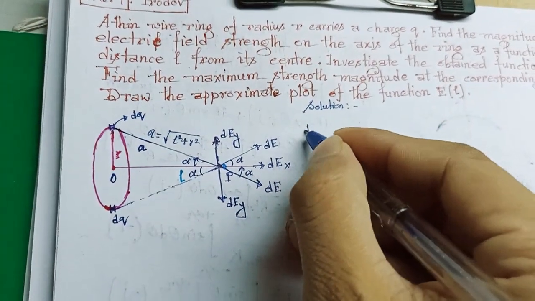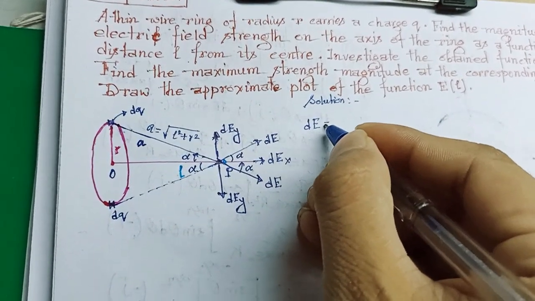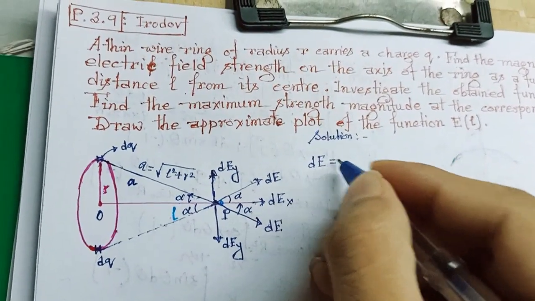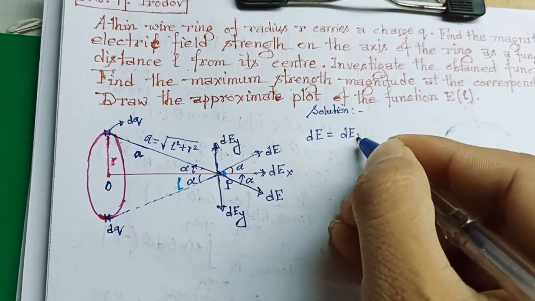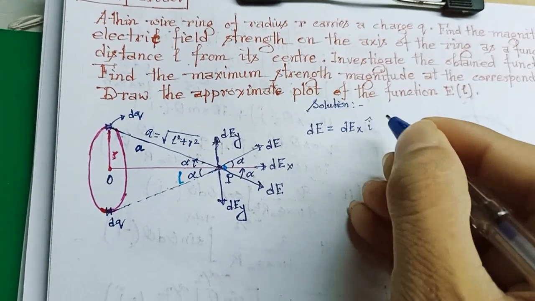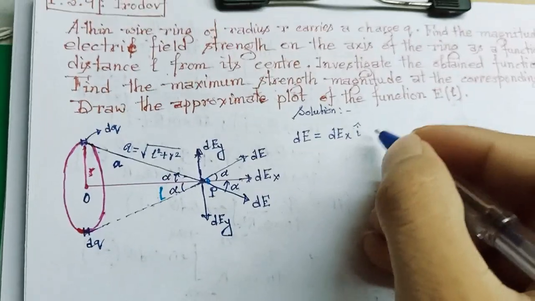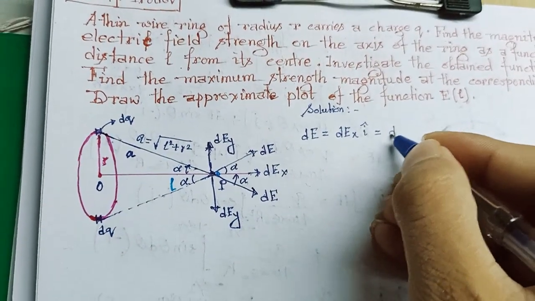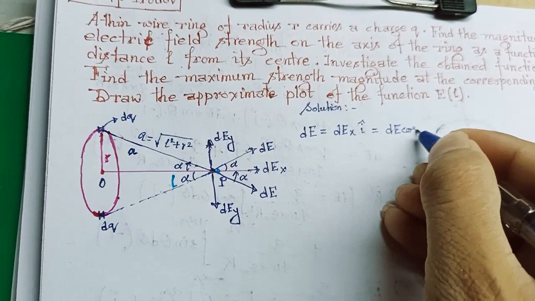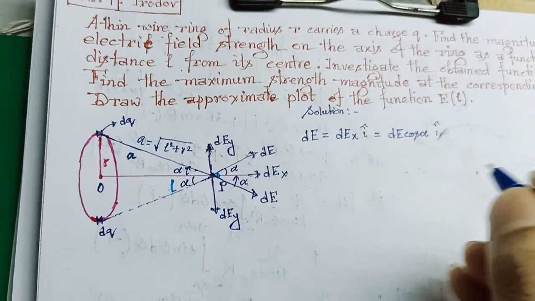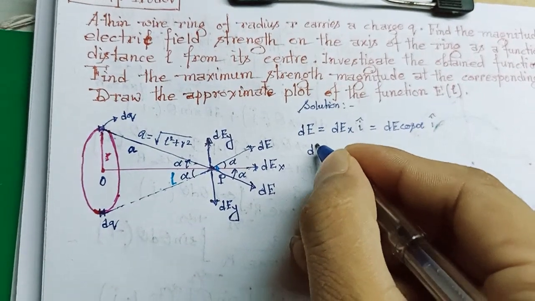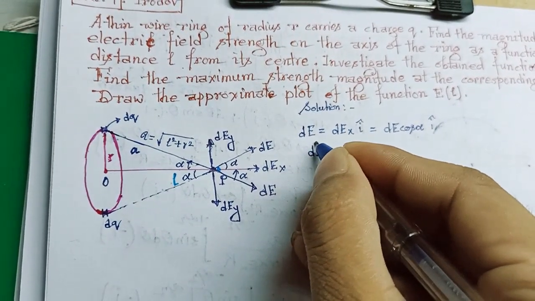So our dE vector will be equal to dEx i cap. Now this dEx equals dE cos theta, which equals dE cos alpha, i cap. Now we have to put the value of dE.